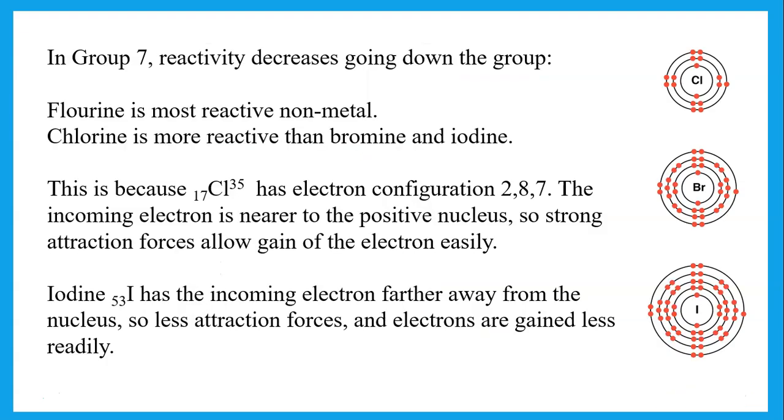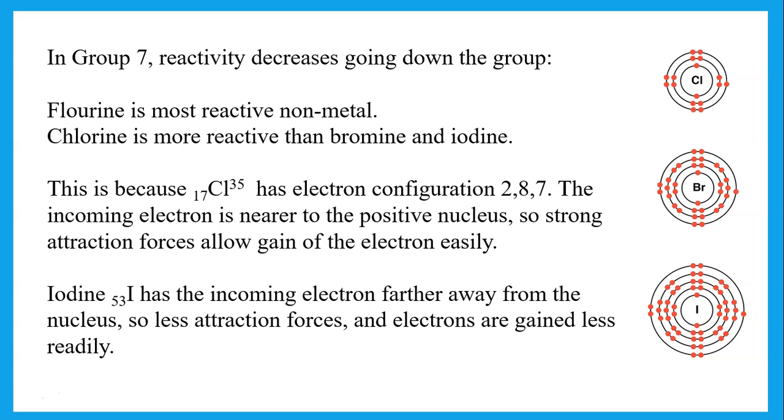Now, we explain why it is that as we go down, the reactivity of a nonmetal decreases. This is because the reactivity of a nonmetal has to do with its ability to gain an electron. So, as we go down, the atom becomes bigger.